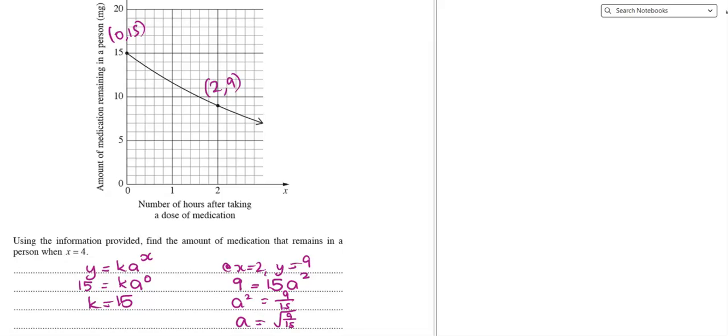I'm getting closer, so I now know the structure of my equation is y equals 15, my a is root 9 on 15, to the power of x.